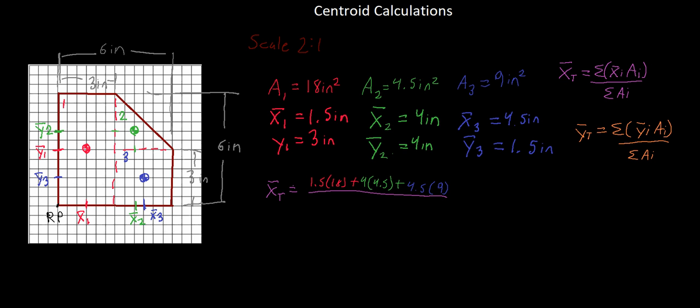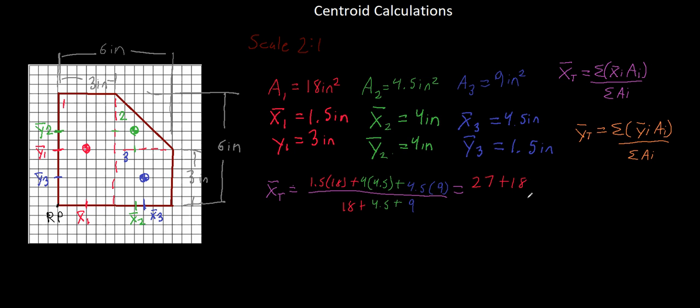And meanwhile, on bottom, we'll just add up our individual areas. So 18 plus 4.5, plus 9. Okay, cool. So this is pretty easy to simplify. We could set this all equal to 1.5 times 18 would be, what, 27? 4 times 4.5 would be 18.